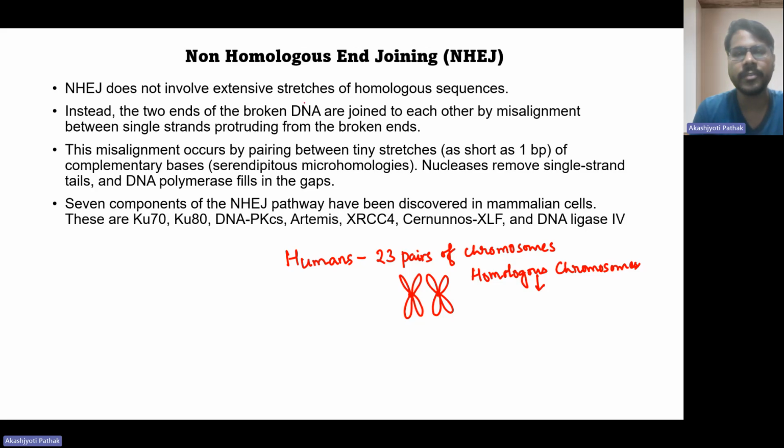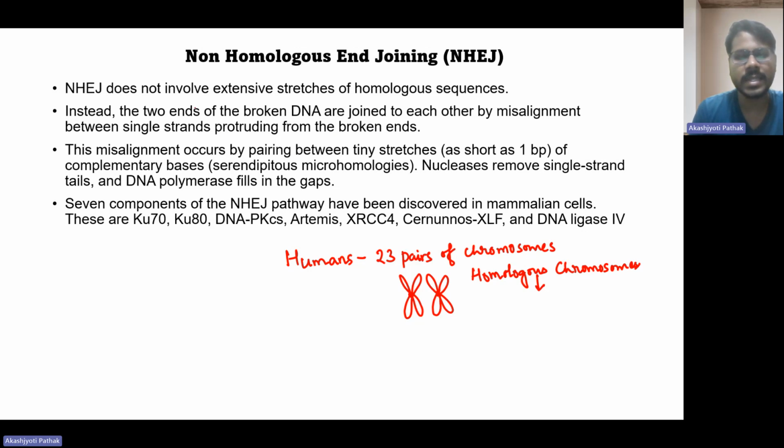There is no involvement of alignment of extensive stretches of homologous sequences. Instead, the two ends of the broken DNA are joined to each other by misalignment between single strands protruding from the broken ends.